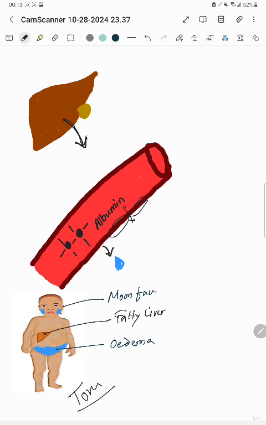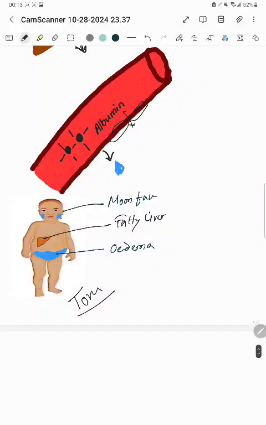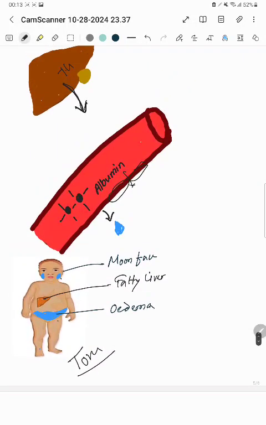So due to lack of albumin, fatty liver can be seen, as in the absence of protein, excessive accumulation of triglyceride leads to fatty liver, and the liver becomes enlarged. So we can see an enlarged abdomen in this baby, Mr. Tom, with moon-like face and edema.